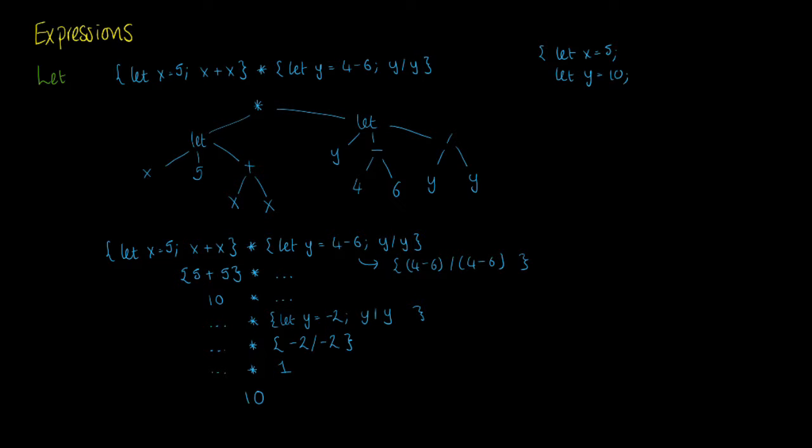Note that let x = 5; let y = 10; x + 5 * y is really the same as nesting it inside the tree. So let x equals 5, then the expression that it's used in is let y equals 10, and then the expression on the right again would be x + 5 * y.